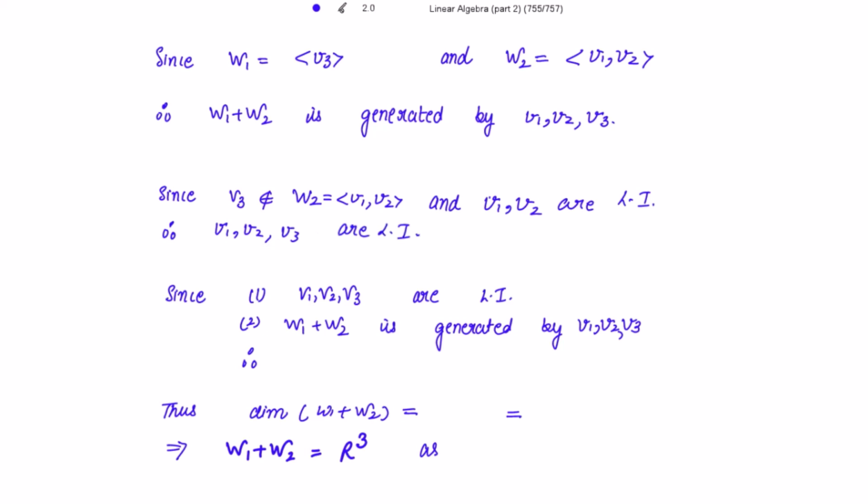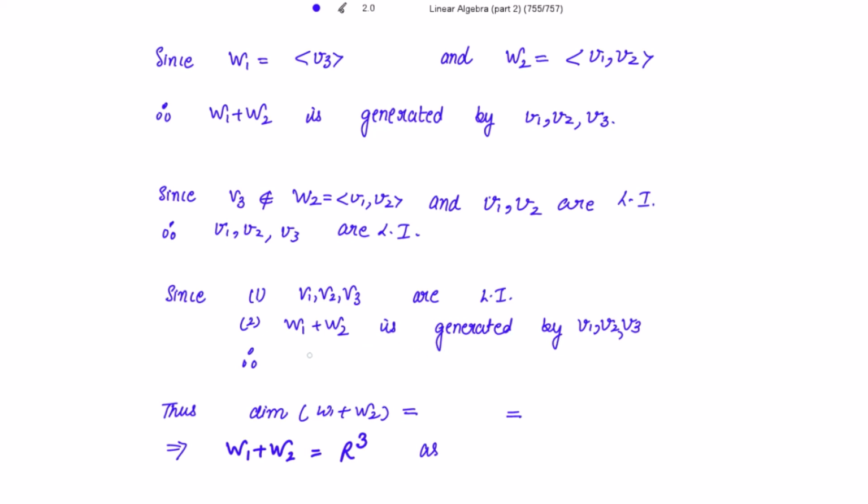Yes. So from both results we get that W1 plus W2 is generated by these vectors and these are linearly independent also. So these form the basis for W1 plus W2. Since V1, V2, V3 are linearly independent and W1 plus W2 is generated by these vectors, these are the two conditions for a basis.